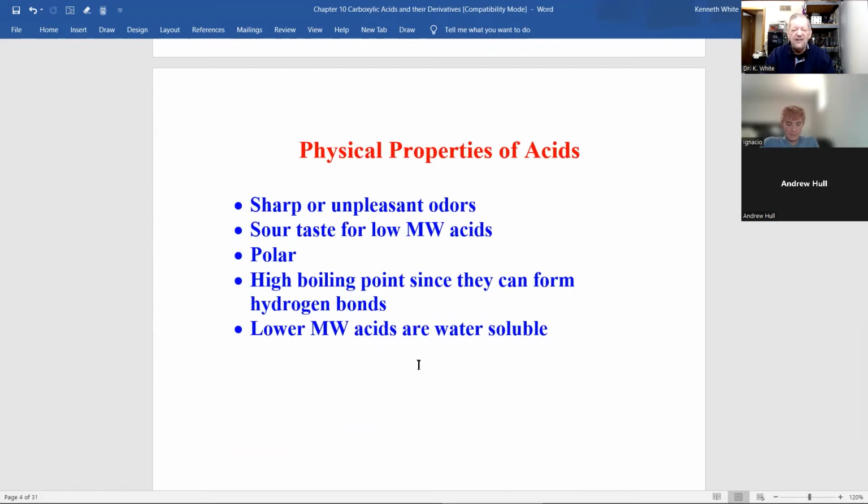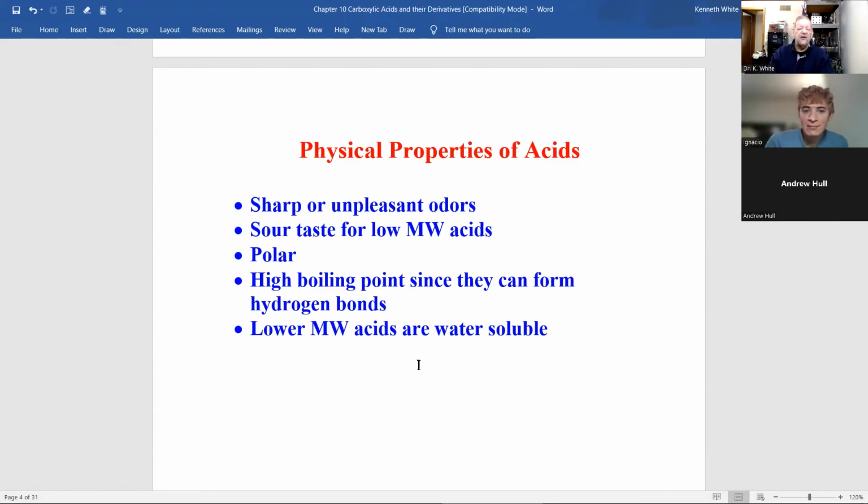But anyways, this won't be on a test, but some physical properties of carboxylic acids. They have sharp or unpleasant odors. The lower molecular weight acids have a sour taste, which is probably why you've never done shots of vinegar. Ugh. No, thank you.